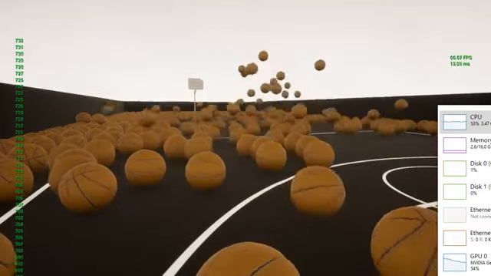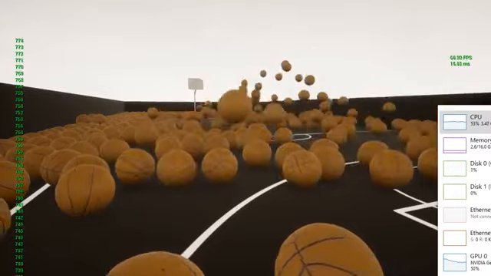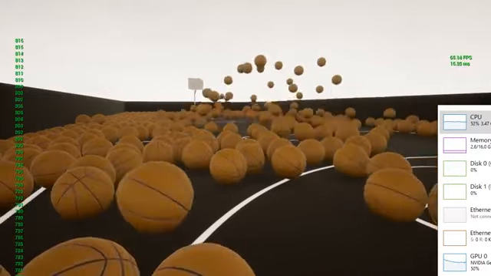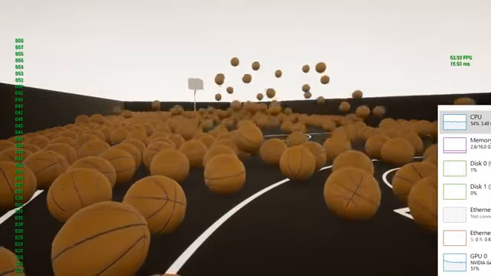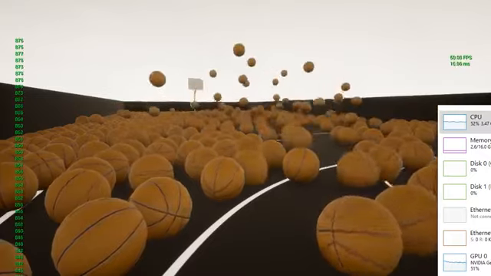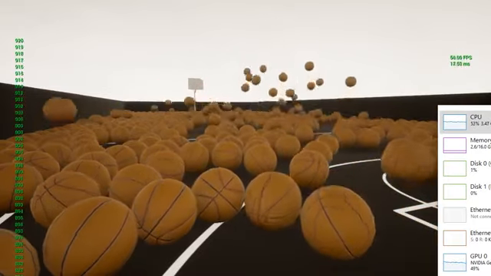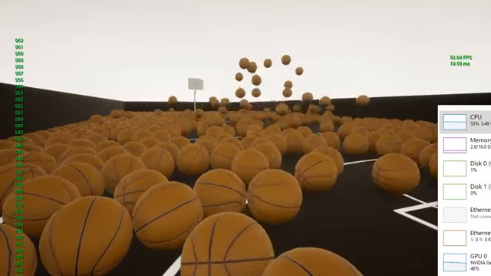So we're at 700. We'll stop at 1,000 and then do another check to see how many triangles we're processing here. We're still at 60 frames. I'm really amazed. Go Unreal Engine. And NVIDIA physics.